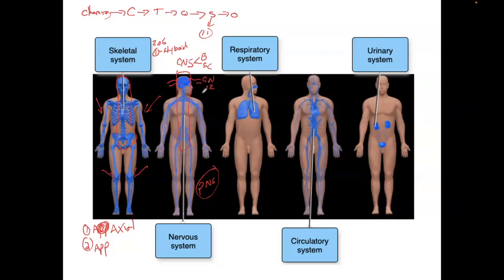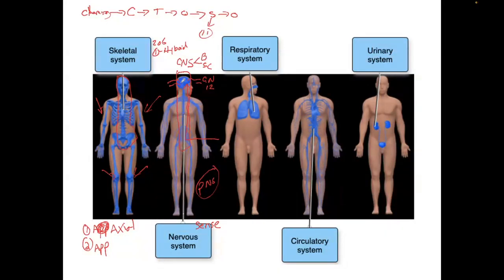The central neural system, in terms of its function, its primary job is to sense, to take information from the outside world and bring it in. So information from outside comes in and up into the brain, and that's sensory information.